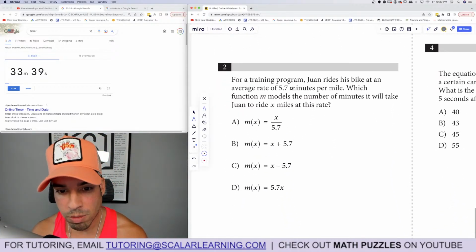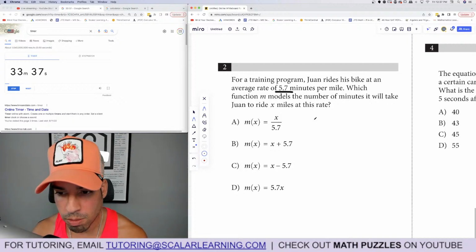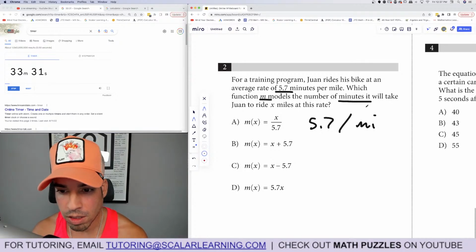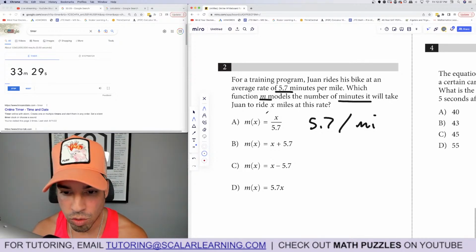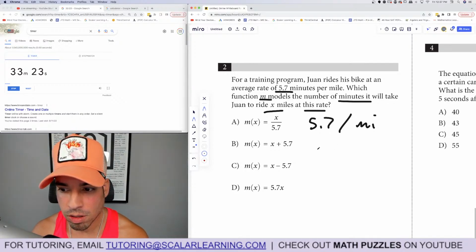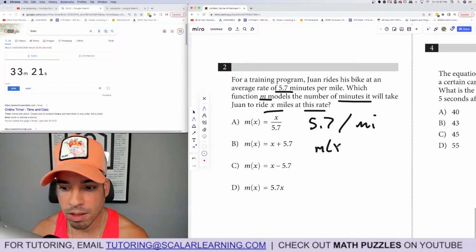For a training program, one rides a bike an average of 5.7 minutes per mile. Which function M models the number of minutes it will take to ride X miles at this rate? So it models the number of minutes. Let me see.